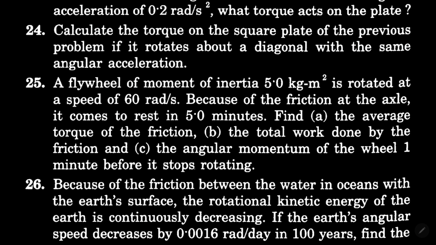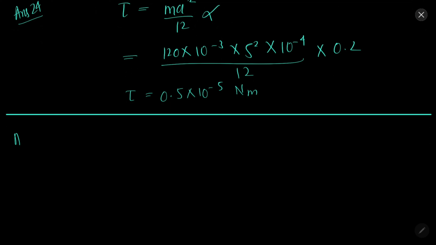In question 25, a flywheel is given. We need to find the average torque of the friction, total work done by the friction, and angular momentum of the wheel. So this is solution 25. Let's say this is the wheel.